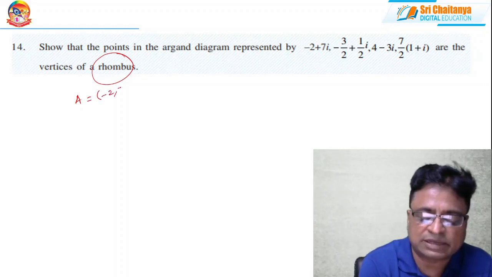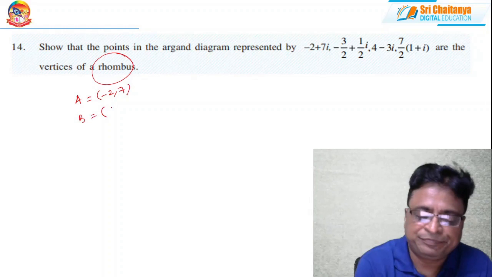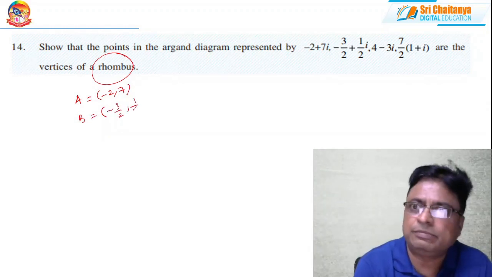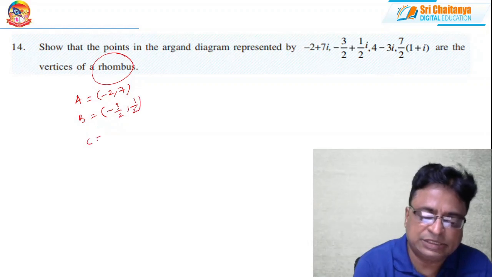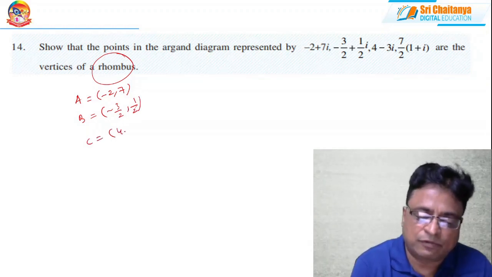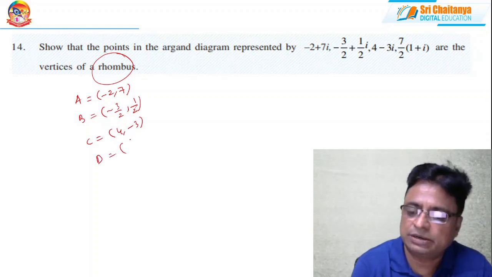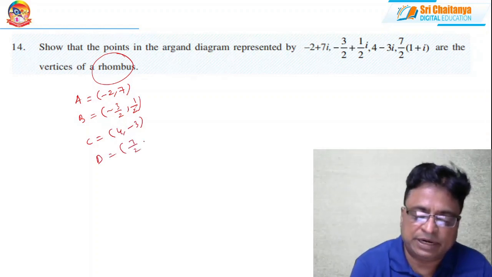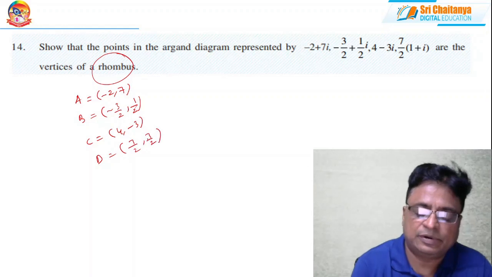Minus 2 comma 7. B equals what here? Minus 3 by 2 comma 1 by 2. C is what here? 4 comma minus 3. D is what here? 7 by 2 comma 7 by 2.